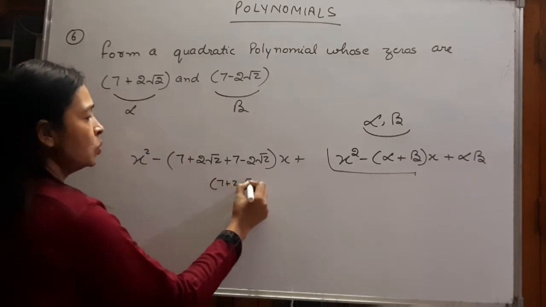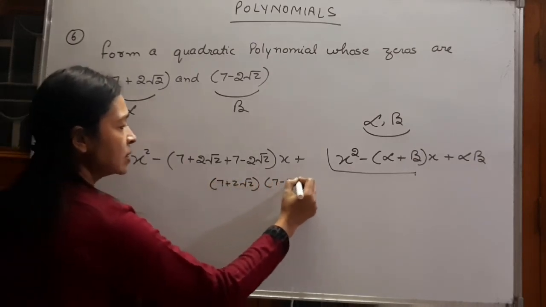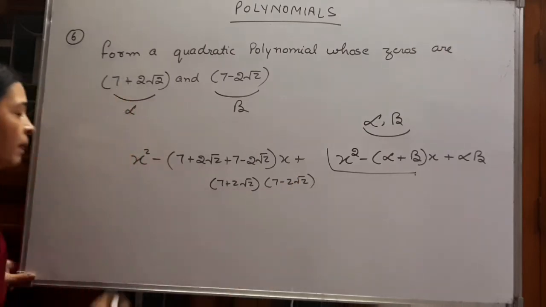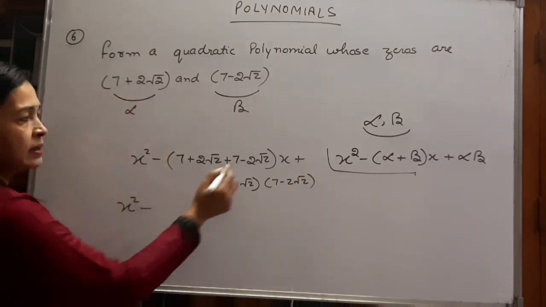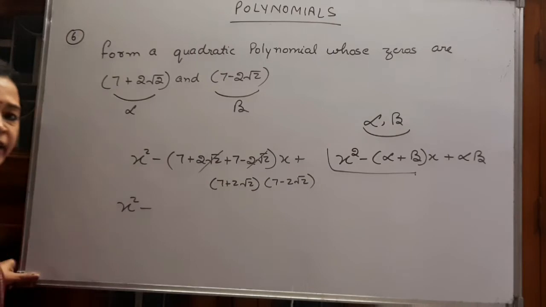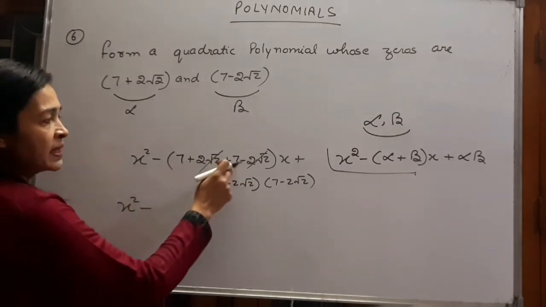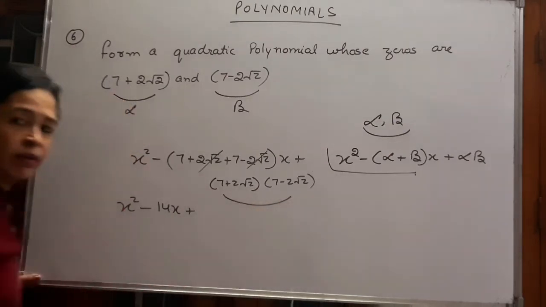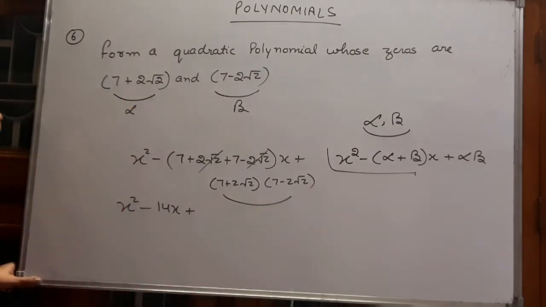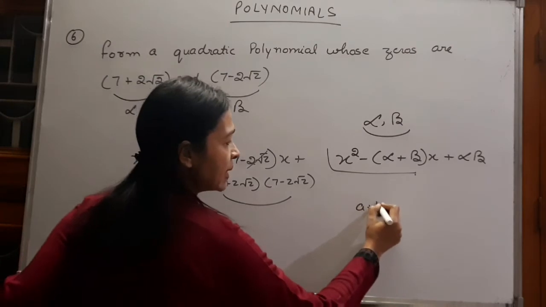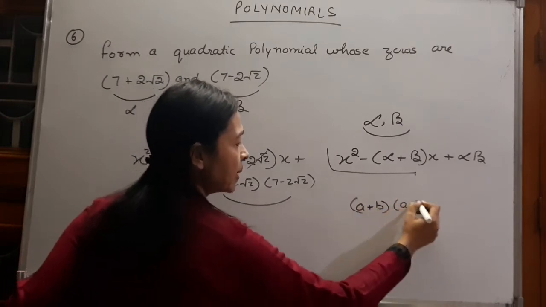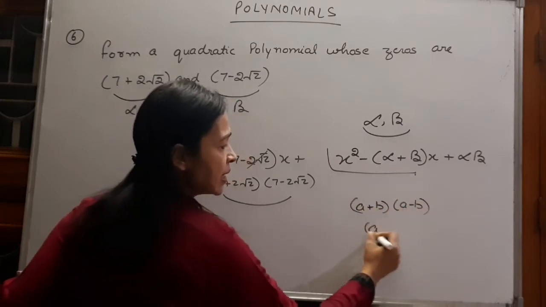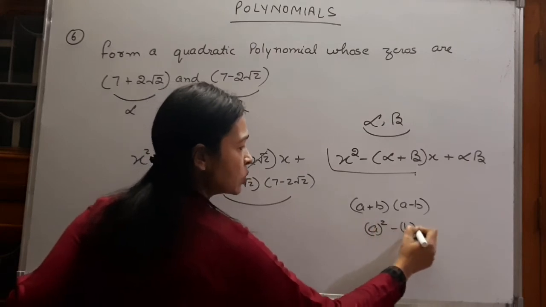7 plus 2 root 2 into 7 minus 2 root 2, x square minus, 2 root 2 positive negative cancelled, 7 plus 7, 14x plus 7 plus 2 root 2 into 7 minus 2 root 2. What is a plus b into a minus b? This is a whole square minus b whole square.